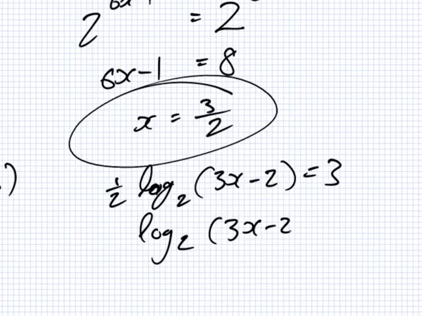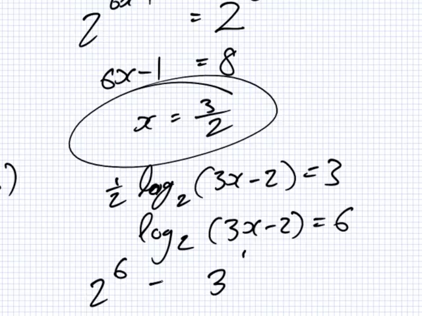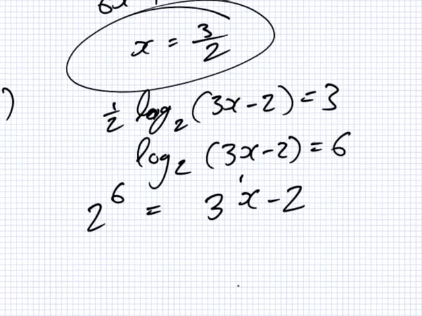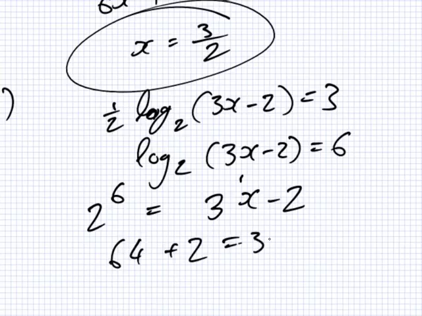So that means 2 to the power of 6 equals 3x minus 2. 2, 4, 8, 16, 64 plus 2 equals 3x, so 66, x is 22.